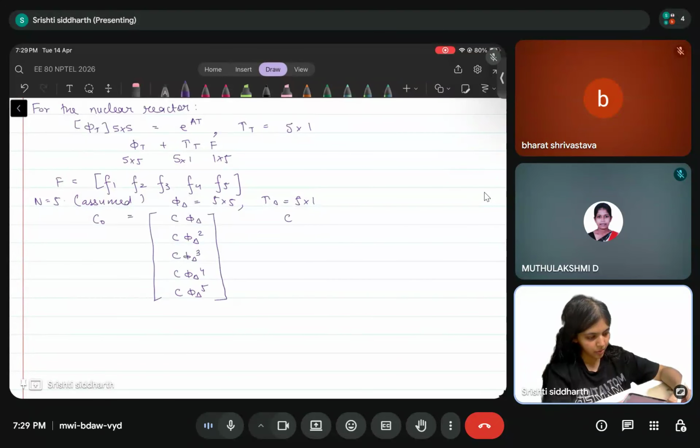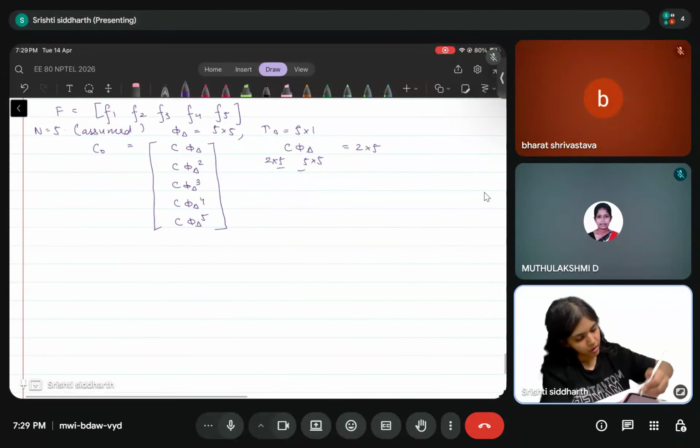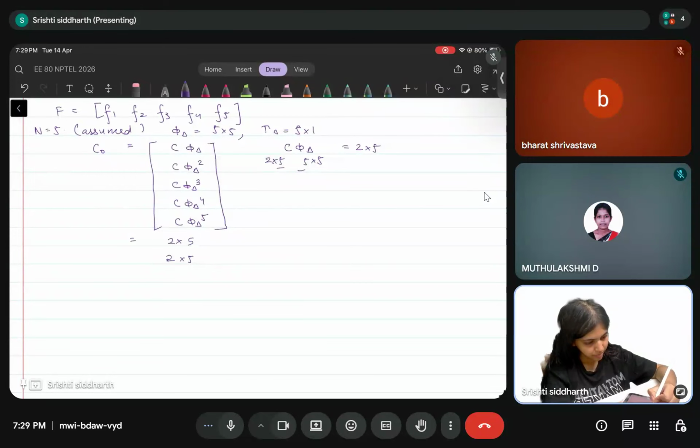What's C phi delta? C is 2 by 5. This is 5 by 5. This is 2 by 5. So each of them is 2 by 5. We have 5 columns.